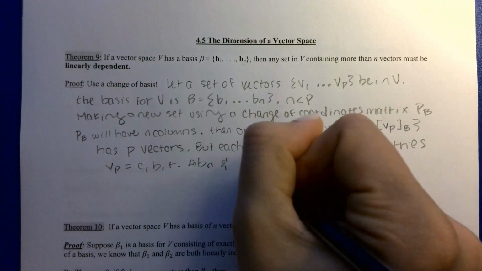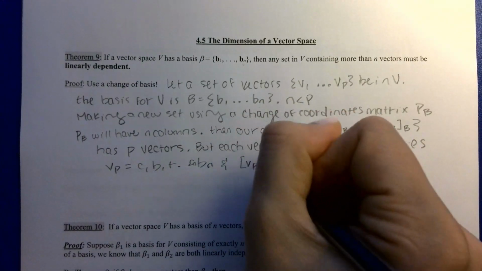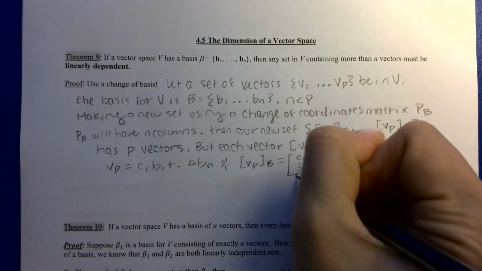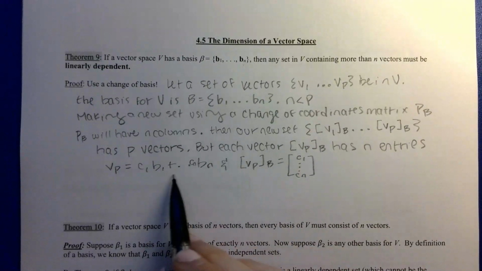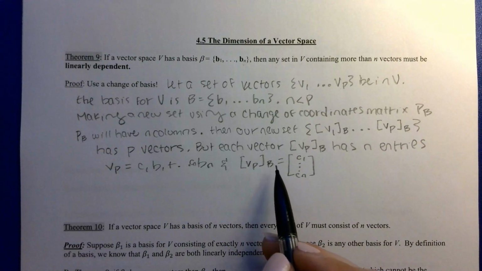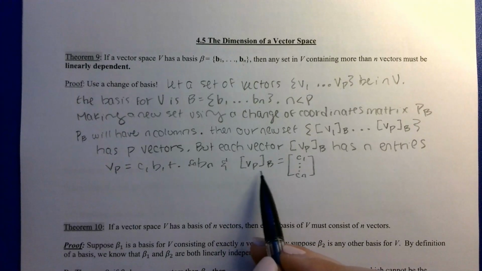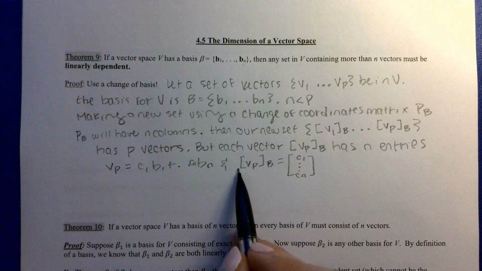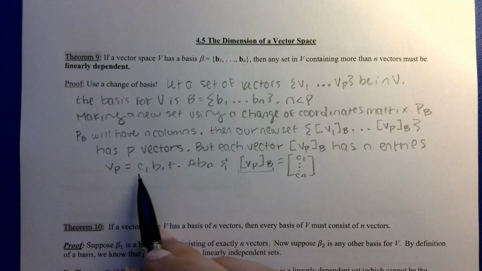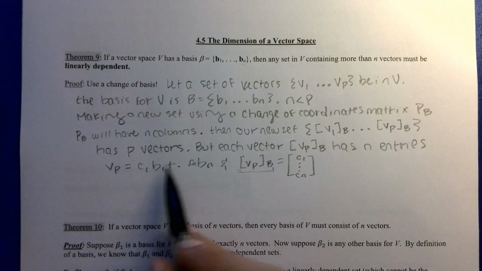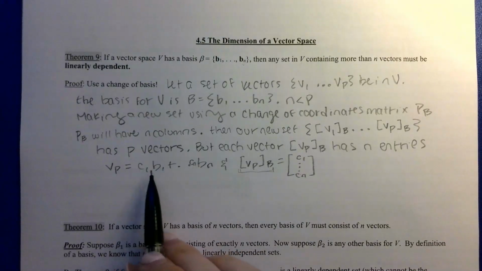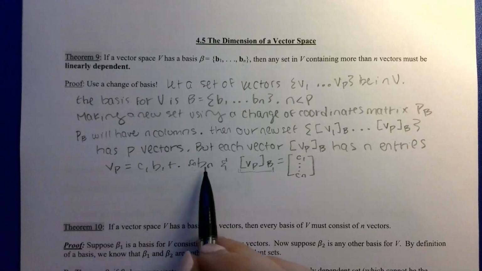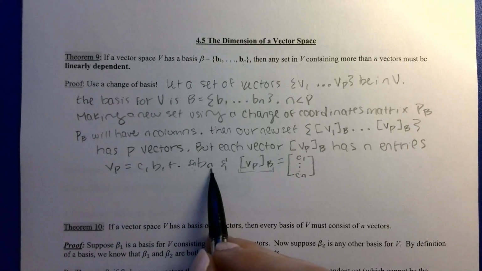And v sub p with respect to basis B is the coordinate vector c1 through cn. Remember, in 4.4 we talked about how the coordinates we are creating are the coefficients of the linear combination we made. So this has to have n components because we had to use n constants multiplied by each of the n basis vectors.